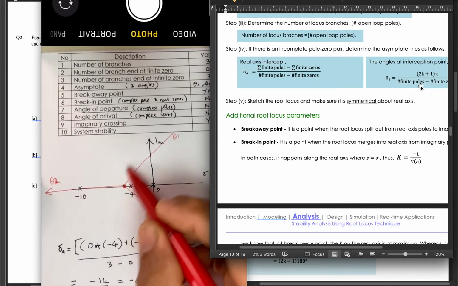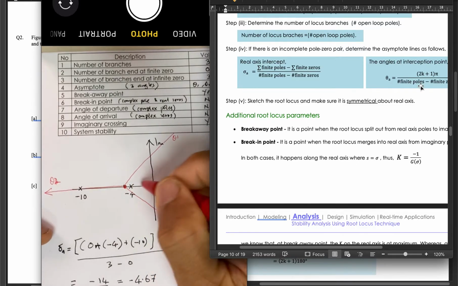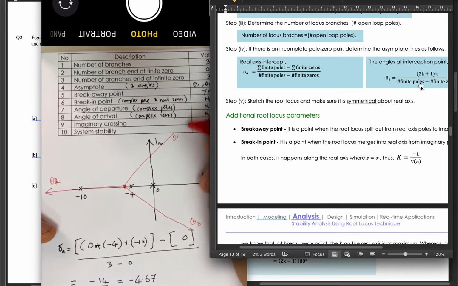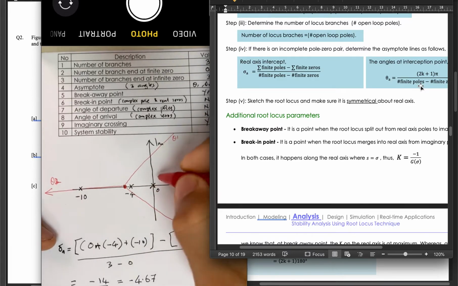Okay, that's the asymptote. Now you have this line here. You know that this is the direction to find the zeros from this. So the root locus is symmetrical. We can actually move these directions here and move towards this. So this is our first branch. The second branch is going in this direction. Okay, the third branch, let me draw this.